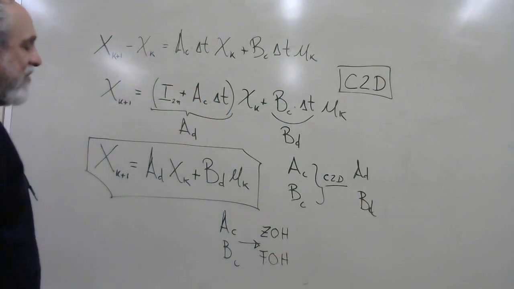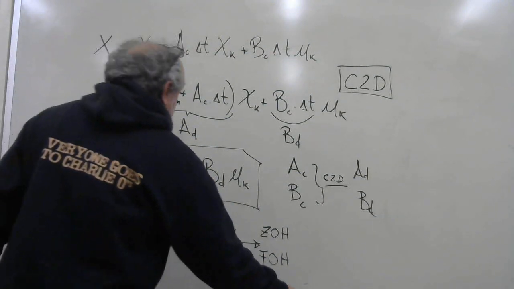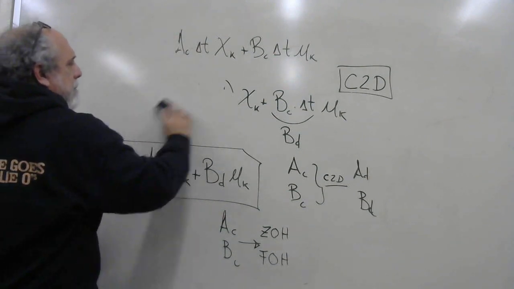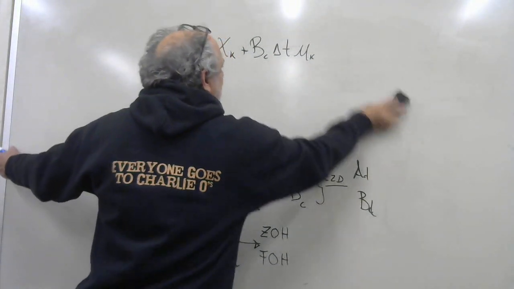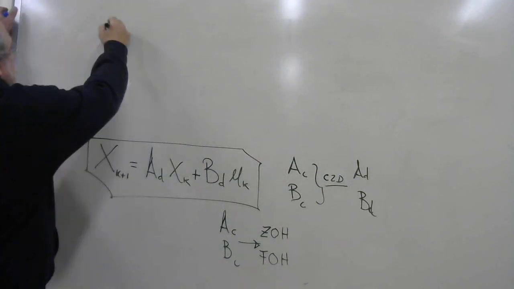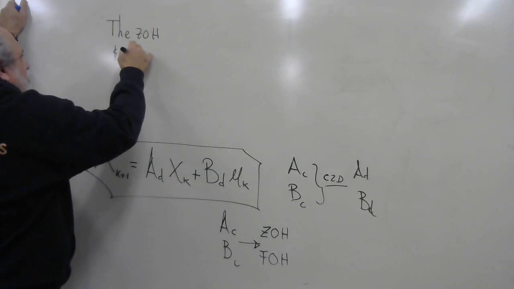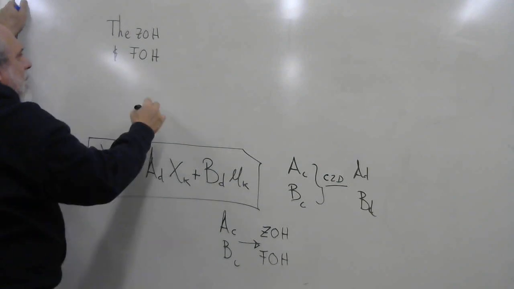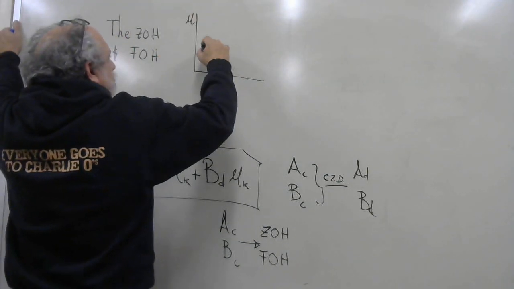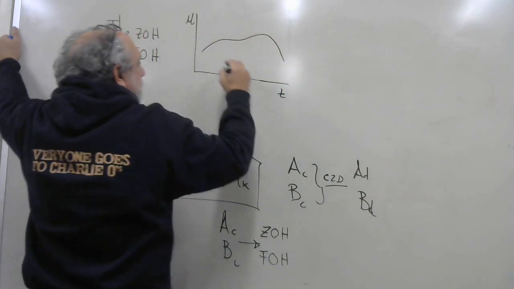It simply means that you get a different formula, because instead of idealizing the derivative using x at k plus 1 minus x at k, the zero order hold and the first order hold are based on assuming something different about the input, which was varying, let's say like this, with time.